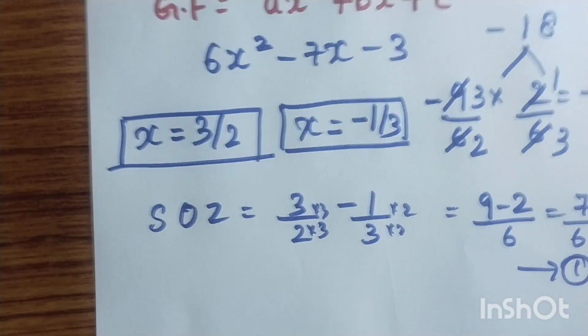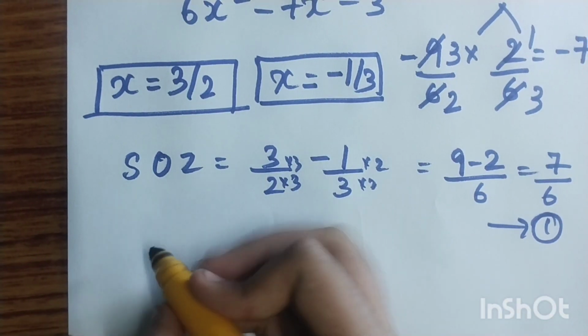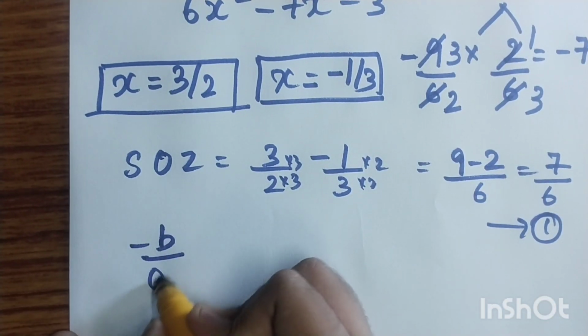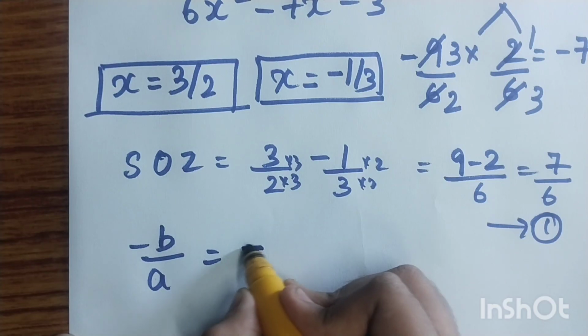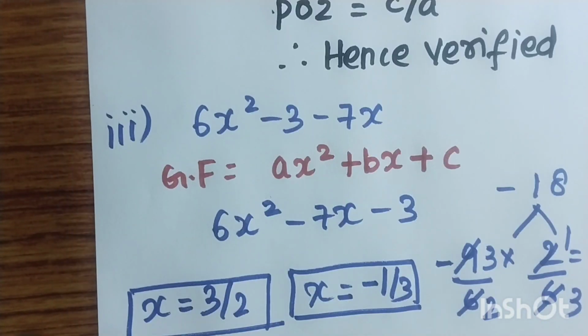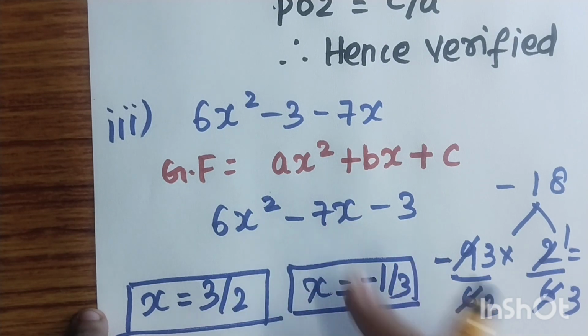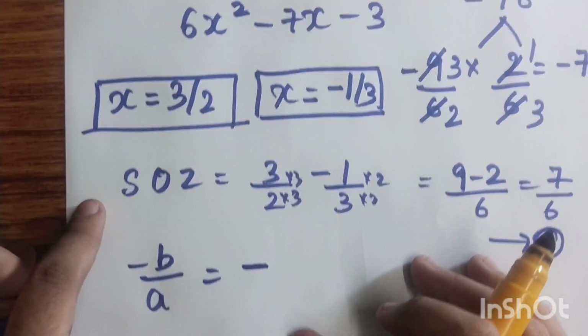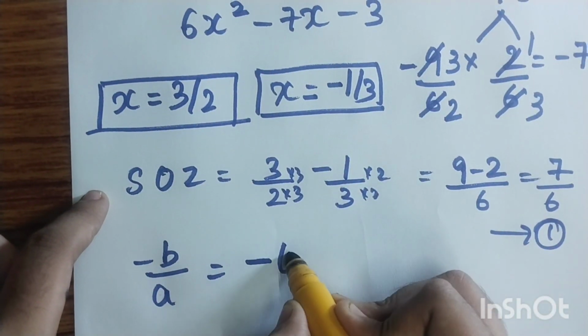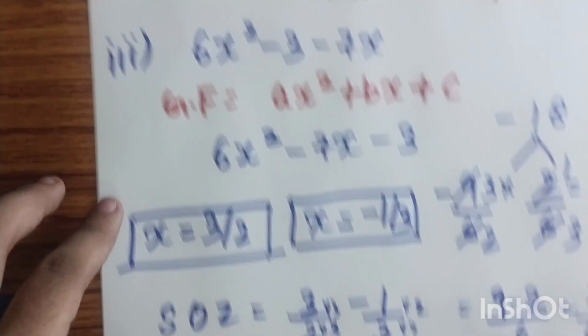This is my first equation. Okay. Next, minus B by A. So first write the minus and check the B. B is nothing but the coefficient of x. So this is my B, so it is minus 7. And A is nothing but the coefficient of x square, which is 6.